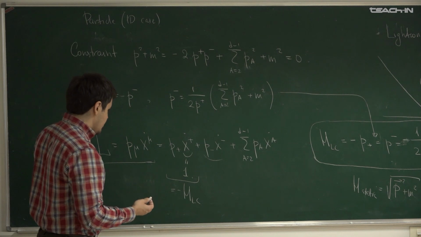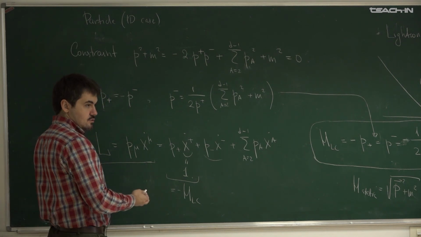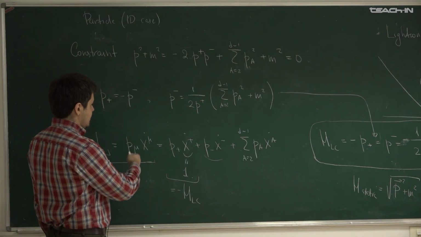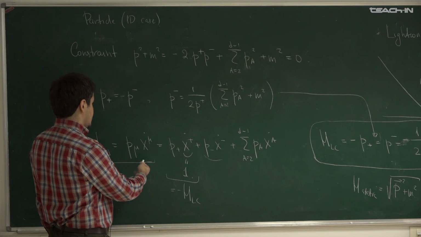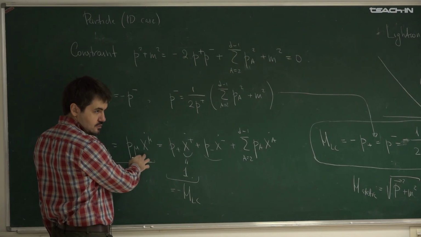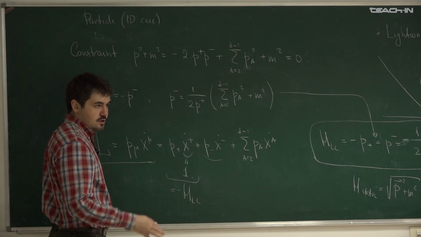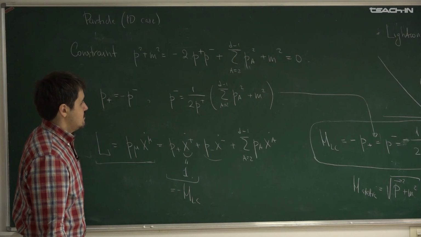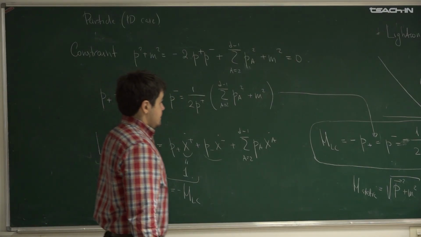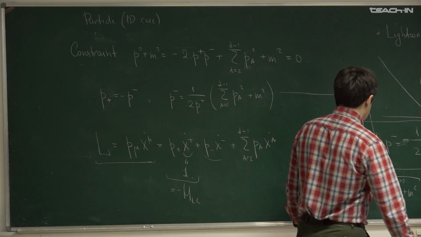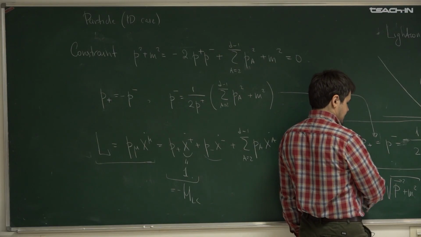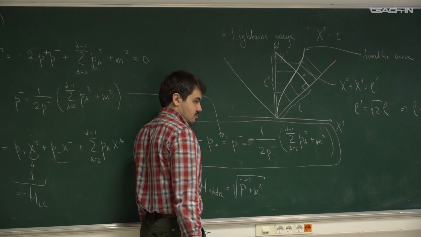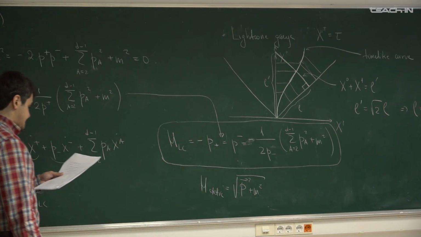So that's another way of dealing with it, to fix a gauge and solve explicitly the constraint. In that case, we don't have the constraint anymore, but we should plug in here the solution of the gauge condition and the constraint, which is what we're doing here. And the same thing applied in the static gauge case, where we read off the Hamiltonian in this way. This was p0, the square root of p squared plus m squared.